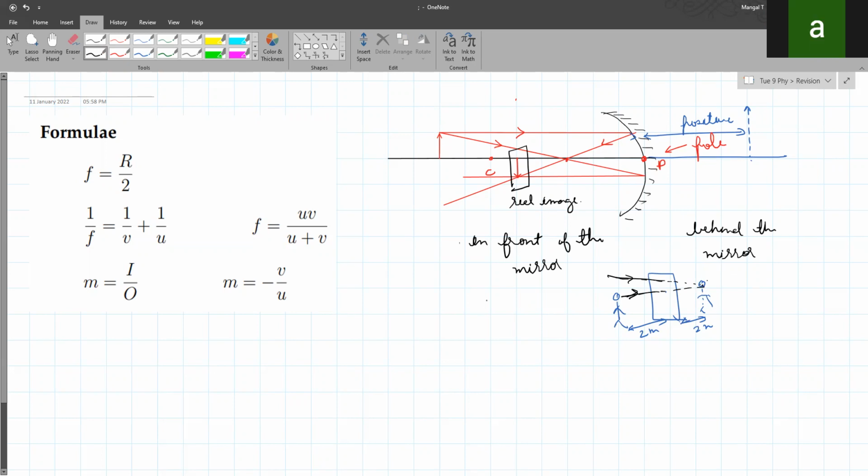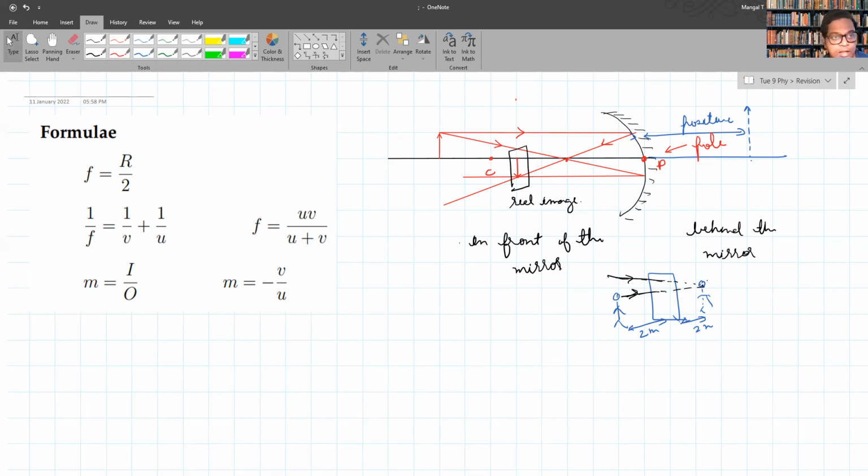What will be an example of a real image? When is a real image formed? In case of spherical mirrors, you don't get to see a real image that often. Whenever you see something in a mirror, you are looking at a virtual image of that. But the formation of a real image in lenses we see every time.